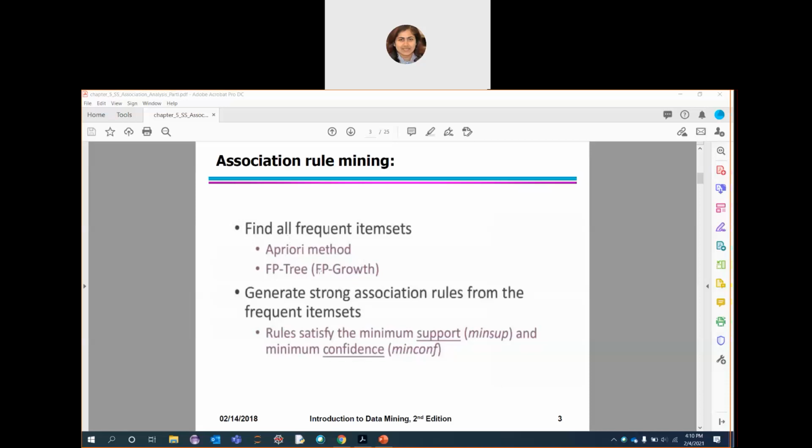There are two methods for generation of frequent item sets. These are mostly useful to generate the strong association rules from frequent item sets. And these rules must satisfy the minimum support, min sup, and minimum confidence, conf.